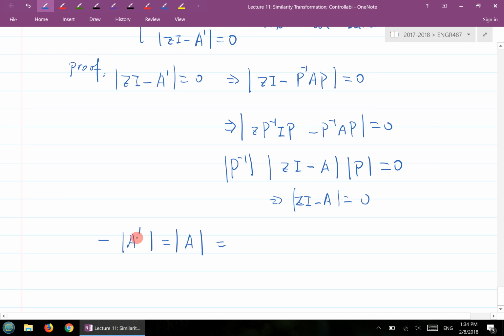Let's say you have a matrix 1, 2, 3, n. What's the determinant? 1 times 2 times 3 times n. Of course, A doesn't necessarily have to be a diagonal matrix. However, the determinant is equal to z1 times z2 and so on up to zn.